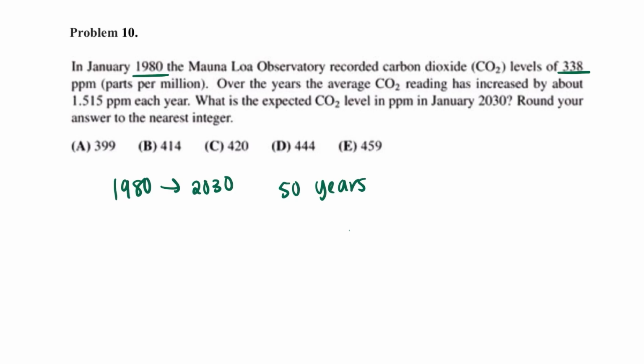So that means that the expected level of CO2 in January of 2030 is going to be 338 plus 1.515 times 49, actually. And we do this because it says January of 2023. So that means that 2030 hasn't really happened yet. It hasn't been a full year for another 1.515 ppm to be added to the total amount.